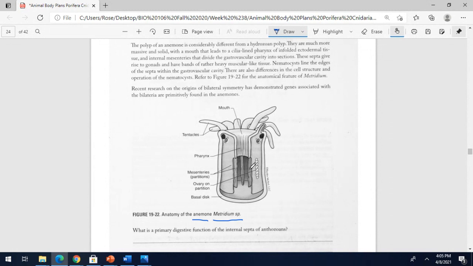And this is a polyp. So this here would show the partitions, mesenteries, and the ovaries, where the gonads are found in the partition. And again, the theme here is the nematocyst that makes it a cnidarian. And this is our example of anthozoans, and this Metridium is an anemone.